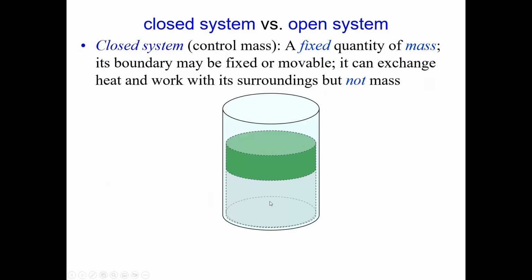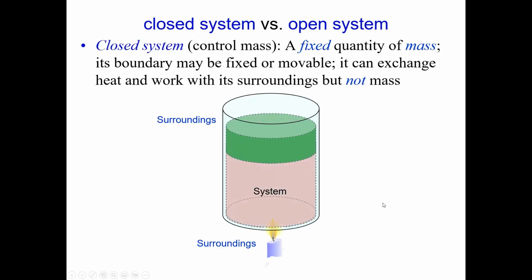If we are studying the behavior of air enclosed inside such a piston cylinder, in fact we are studying a closed system, because what we are studying is a fixed quantity of mass. So for example, here if I use a candle to heat up this air inside the piston cylinder, then obviously this air is going to expand because of its increase in temperature.